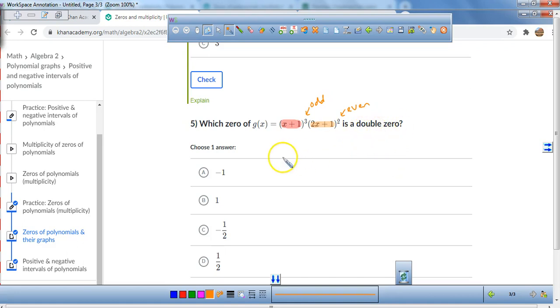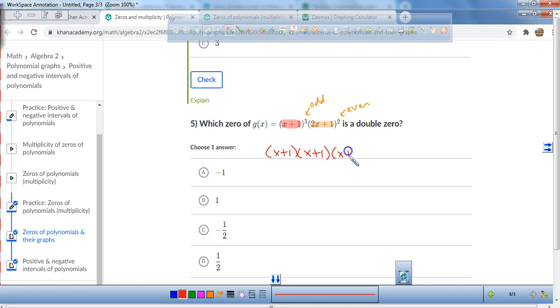So if I were to rewrite this, this has a multiplicity of 3, which is x plus 1 times x plus 1 times x plus 1. But this has 2x plus 1 times 2x plus 1. So this is called a double 0.